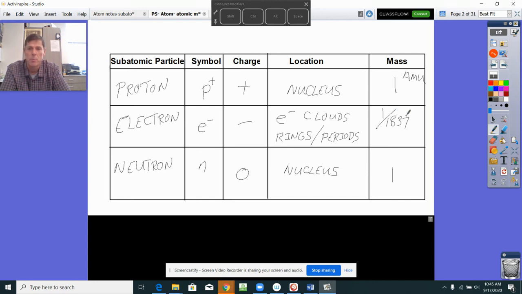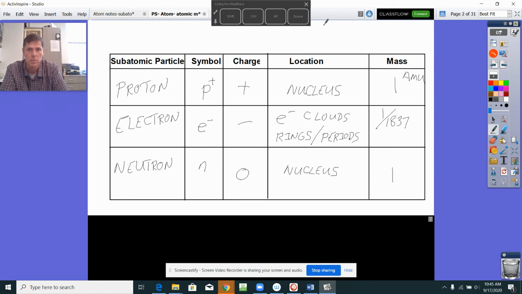If you were to stand on your bathroom scale and see your mass, then rip out 1 eyelash and drop it on the floor, the amount that your weight just changed would be kind of what you would see in terms of an electron.